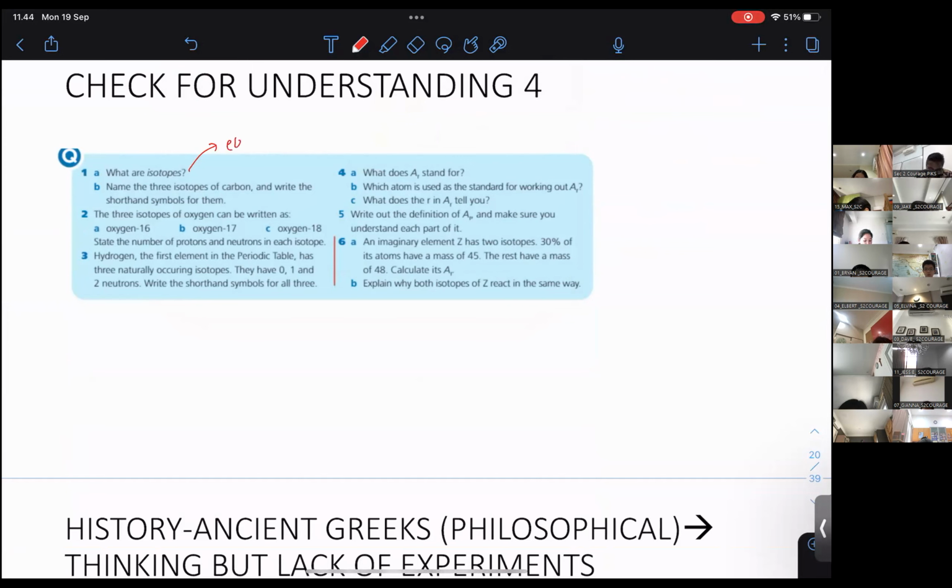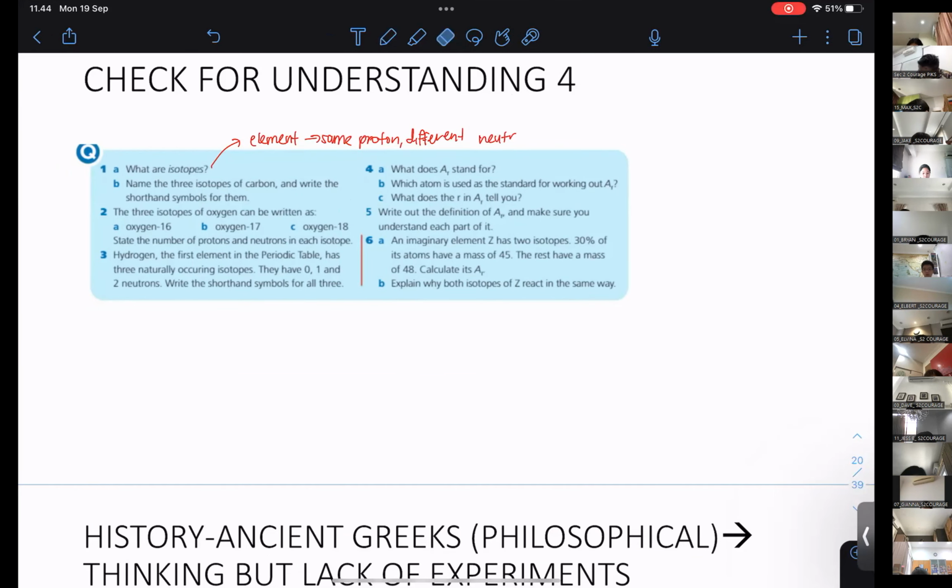Okay, any elements that have the same proton but different neutron.